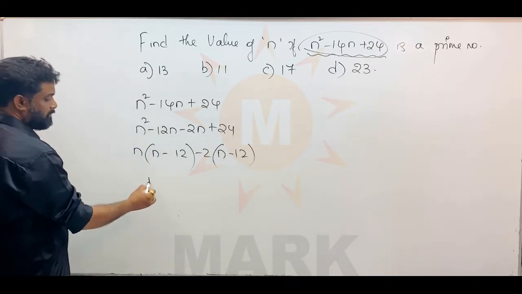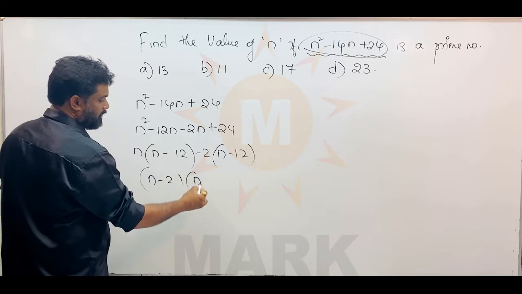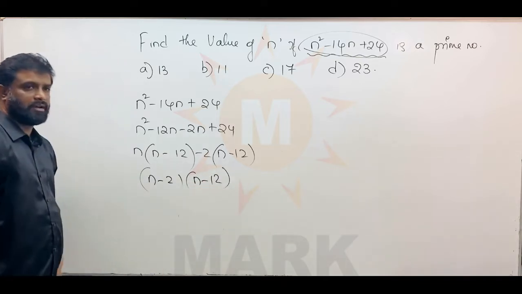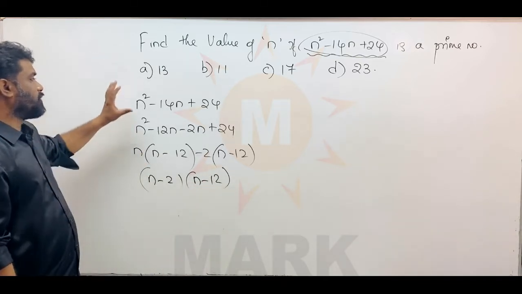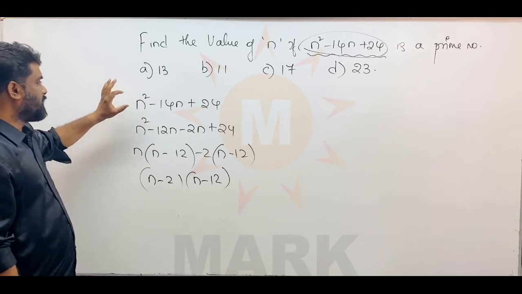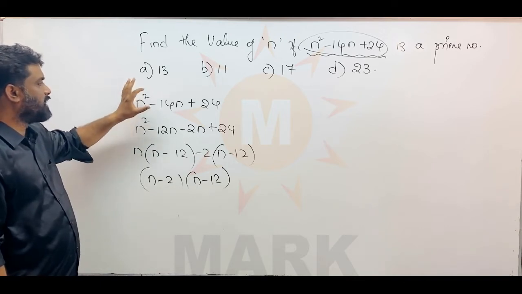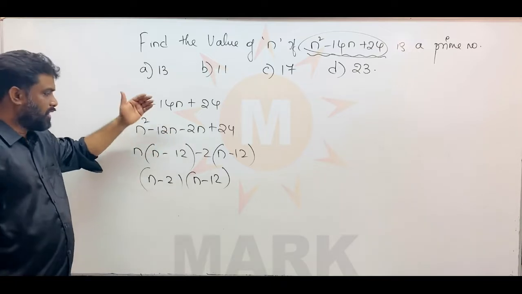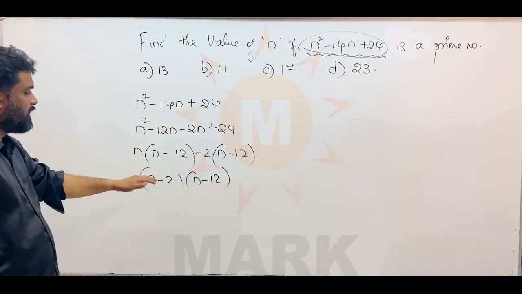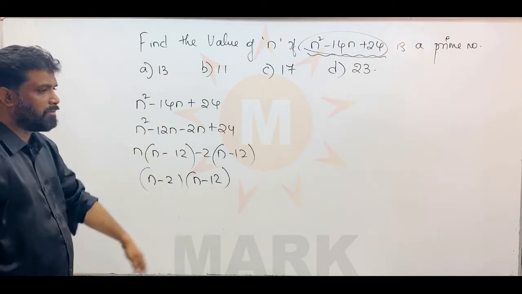So that means n minus 2 into n minus 12. So I factorized this quadratic expression n square minus 14n plus 24, and I got the factors as n minus 2 into n minus 12.